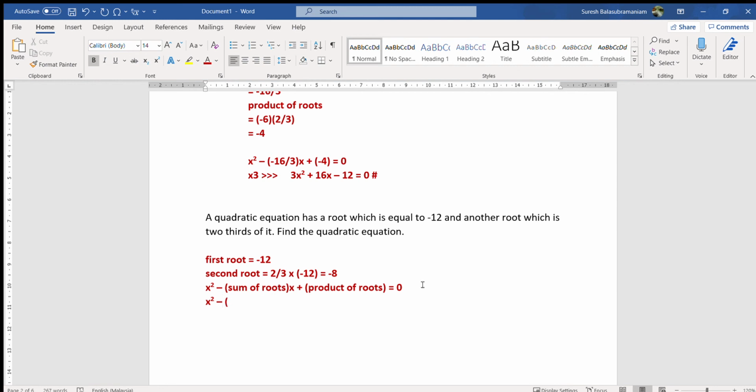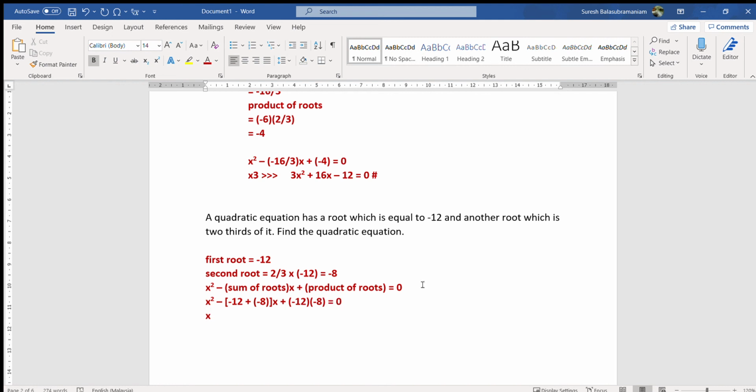So -12 plus, oh, it's negative, so another bracket, -8. Okay, so we have x plus product of roots. Product of roots is you multiply the roots, that is -12 multiply -8 equals to 0.